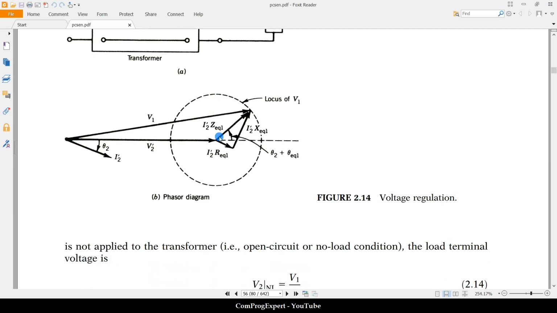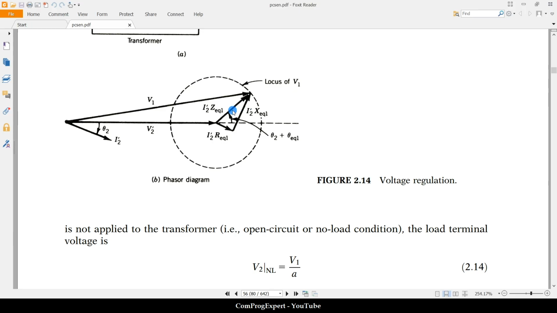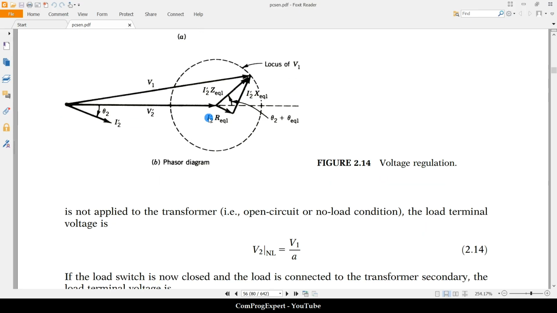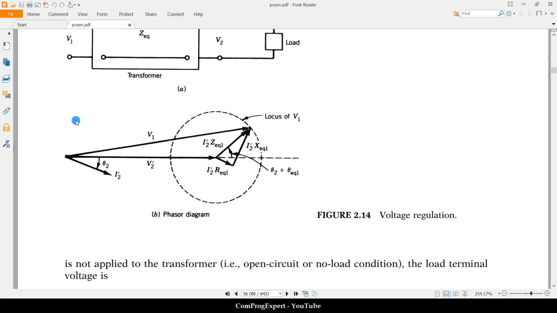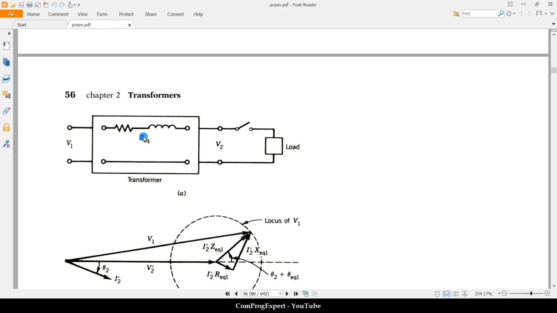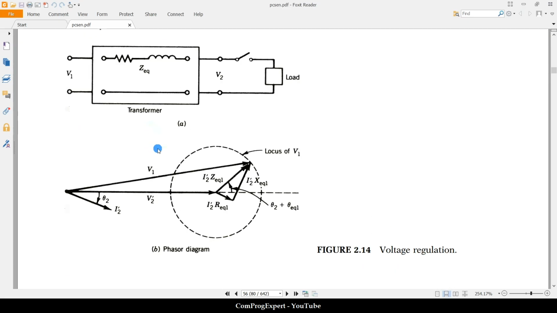This is the corresponding vector diagram that we discussed in the previous problem. Okay, this is the Z equivalent. This is the value of the load voltage, and this is the value of the primary voltage.